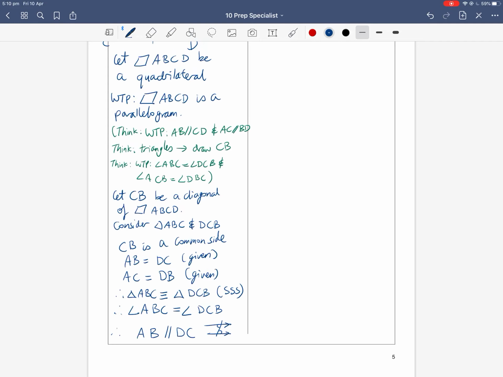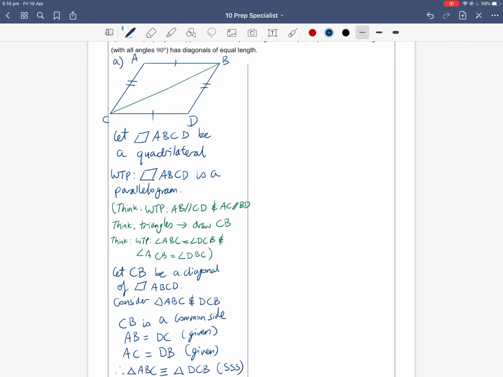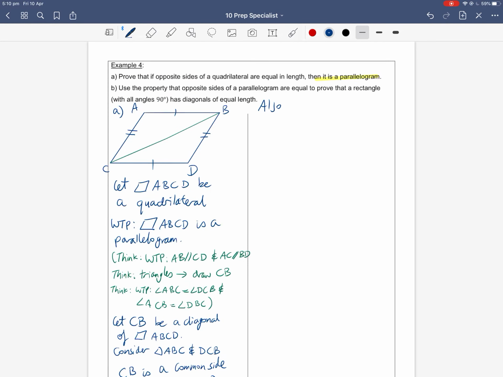And because the two triangles are congruent, we can also make the claim that, so back onto next column, so also, we have that angle ACB is the same as angle DBC. So ACB is this angle there, that's the same as DBC because we showed that the two triangles are congruent. So therefore AC is parallel to DB because of the alternate angle rule.